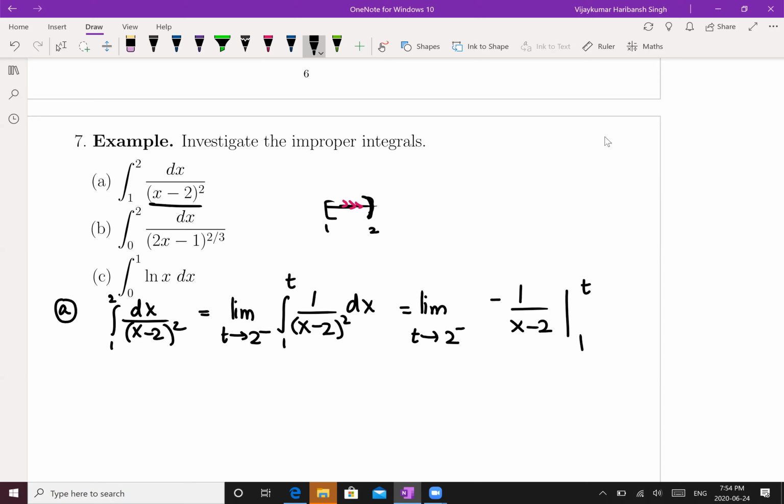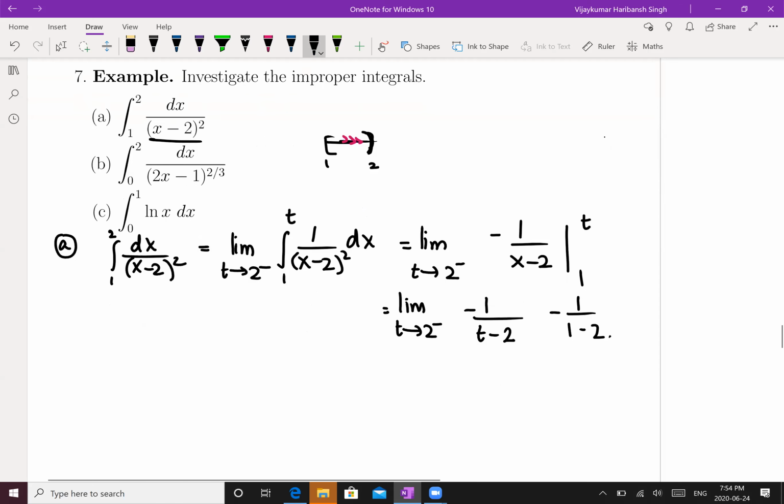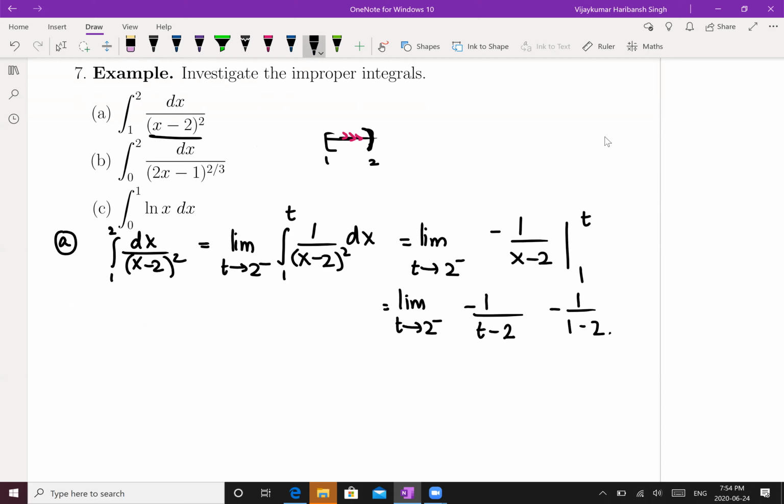That is going to be the limit as t goes to 2 minus of 1 upon (t minus 2) minus 1 upon (1 minus 2). Now as t goes to 2 minus, this part will be fixed, which will basically be 1. So we have minus of minus 1, so plus 1.